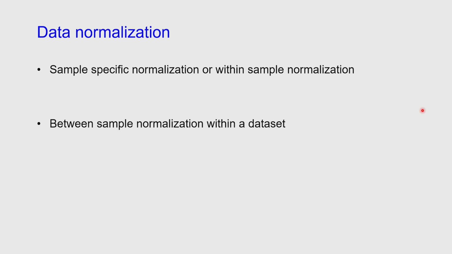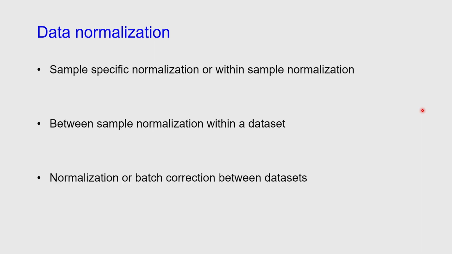If you are working with multiple samples, as in the example we have taken, and we want to compare across samples, then we would have to do between-sample normalization. But these are part of a single data set, and sometimes we are working with multiple data sets, and in that case we would have to do something called batch correction.